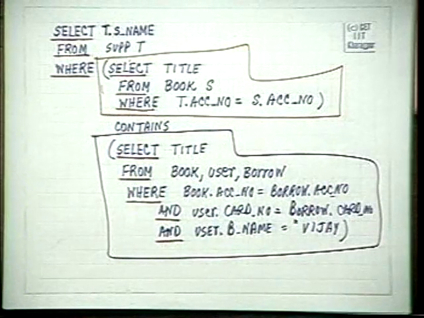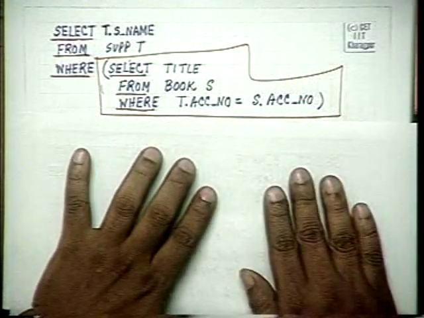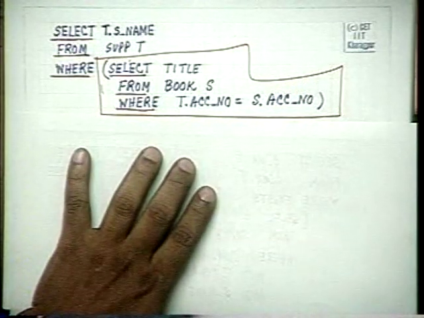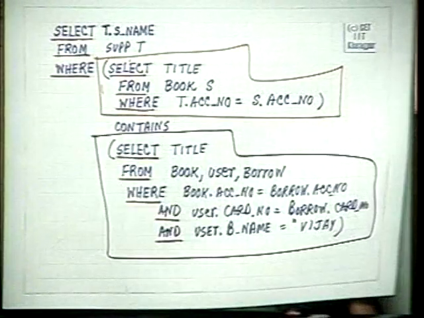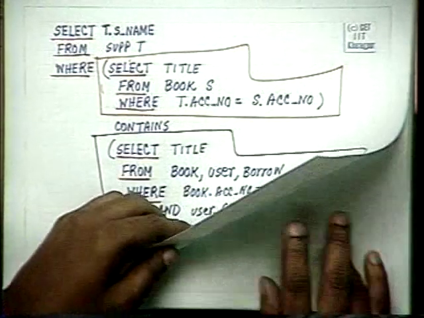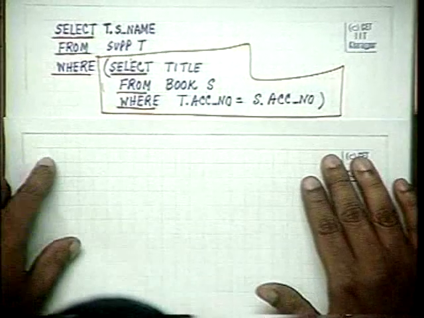Let us try to understand it in a factored manner. Let us see what this part of the query means. Suppose this is my complete query. Syntactically this is a complete query.